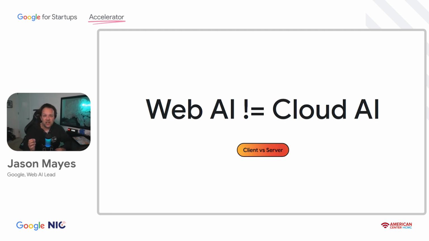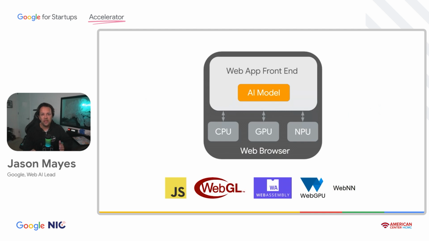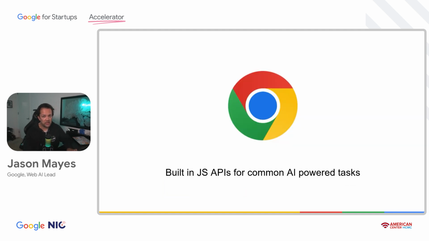First, let's start by formally defining what I mean by Web AI, which is a term I coined back in 2022 to stand out versus cloud-based AI systems, which were popular back then. Web AI is the art of using machine learning models client-side in a web browser, running on your own device's processor, graphics card, or even NPU, using JavaScript and surrounding web technologies like WebAssembly, WebGPU, or emerging standards like WebNN for acceleration.